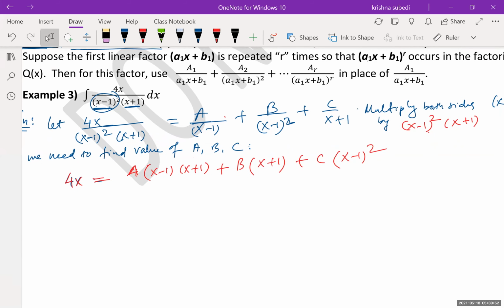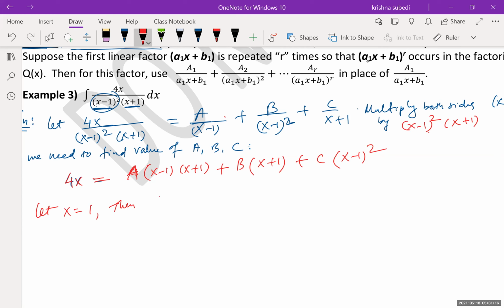to find this, you can actually equate the coefficients, or you can do whatever you like. So in order to eliminate a, I will suppose let x equals 1. Then what do I get?